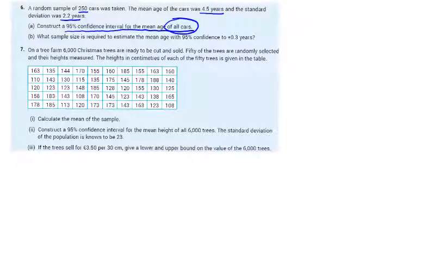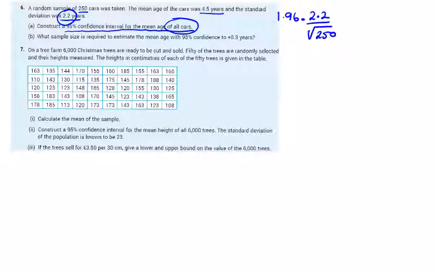So we're going from the sample back to the population, and we can say 1.96 times the standard deviation 2.2 divided by the square root of the sample size, which is 250, will give me a value.